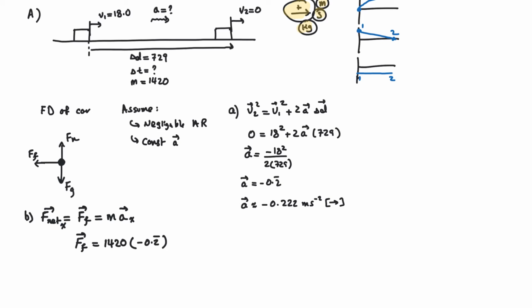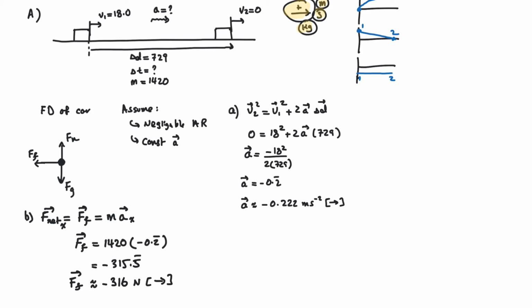And when I multiply the two values, I get that force of friction is equal to negative 315.5 repeated, and to three significant figures, my force of friction will equal negative 316 newtons, and that's in the right direction.